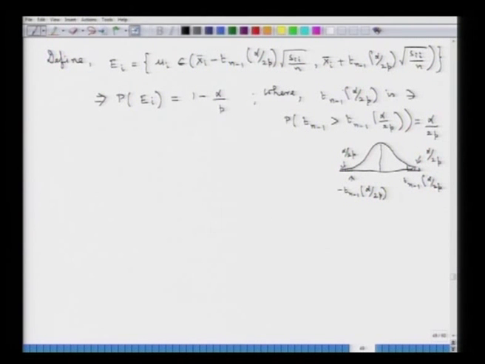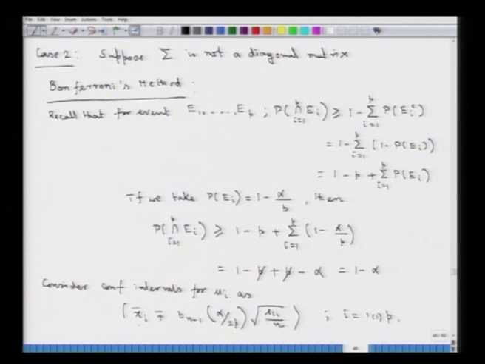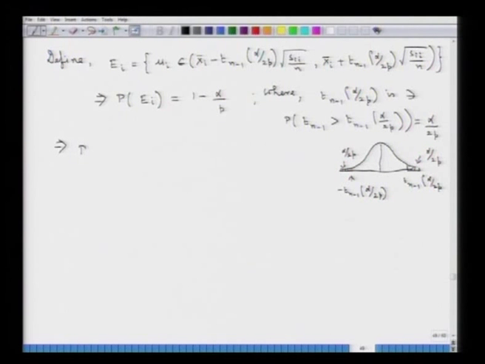So, this would imply that if we have such random events E i, which come from the respective confidence intervals for the mu i parameters, then the probability of the intersection of E i, i equal to 1 up to p, these being the events associated with the mu i components, is going to be greater than or equal to 1 minus alpha.